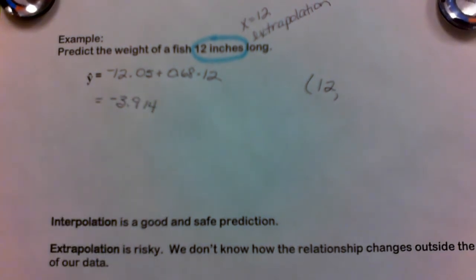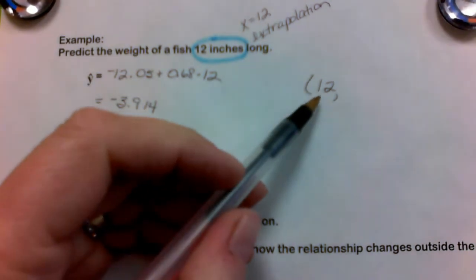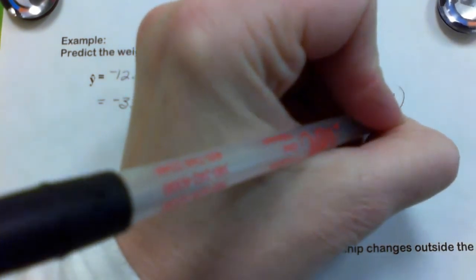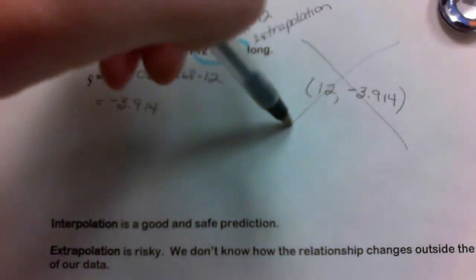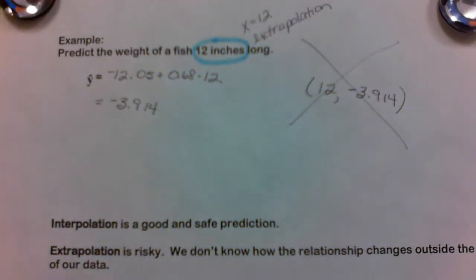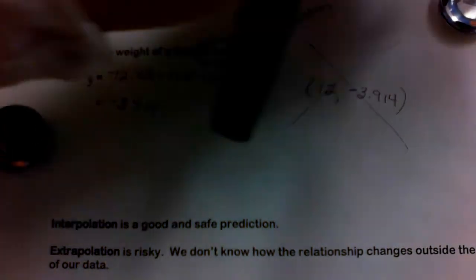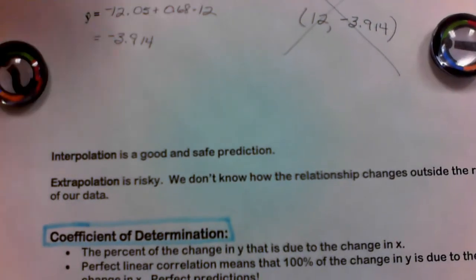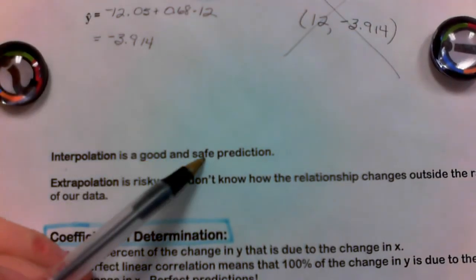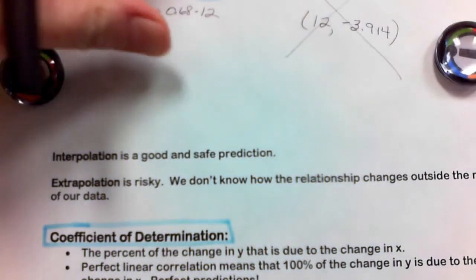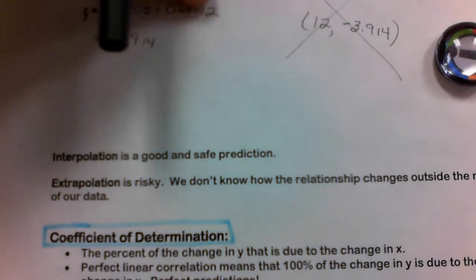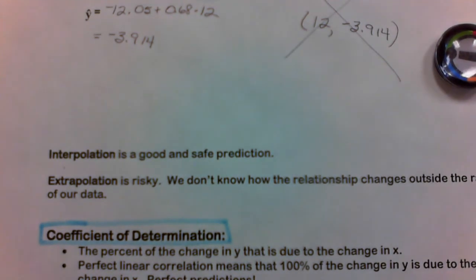So based upon this information, we're saying that if a fish is 12 inches in length, it will weigh negative 3.914. I don't know about you, but I don't think I've ever caught a fish that weighs negative pounds. That's not possible. So that's why interpolation is good and safe, extrapolation is risky, because sometimes it will not give you a good prediction, such as that example we just did.